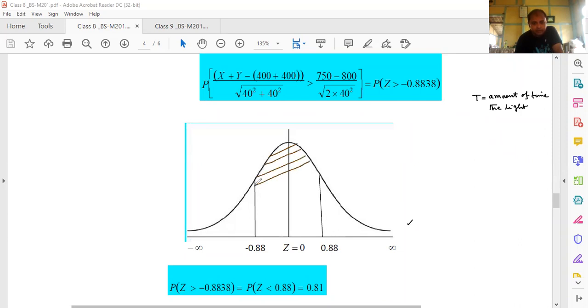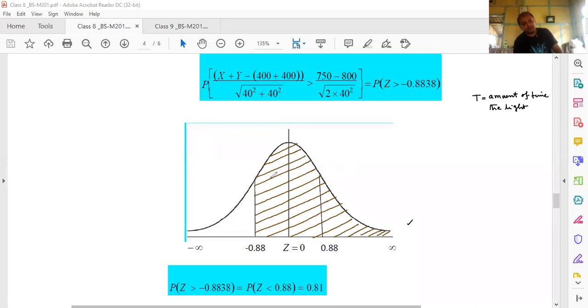I am marking the portion for your understanding. If you are noting down the things in your copy, you also mark it with a particular color. It would always be nice if you use colors other than red in the examination. So we are interested in this particular area.